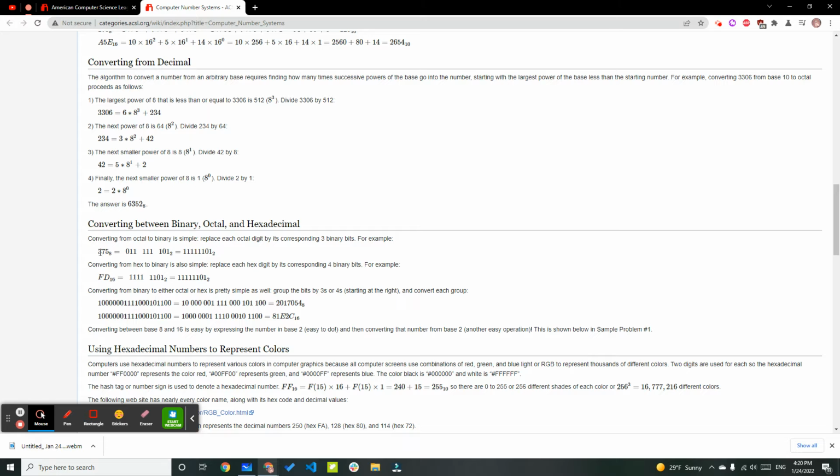So for example, you convert each digit here: 3 is 011, 7 is 111, 5 is 101, and you just put those together. You have to make sure that they are all 3 digits.